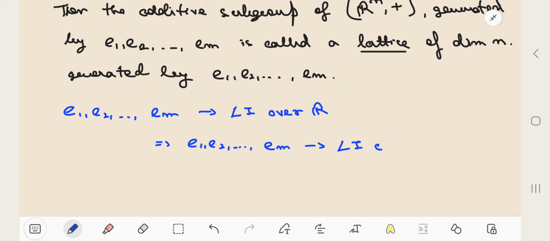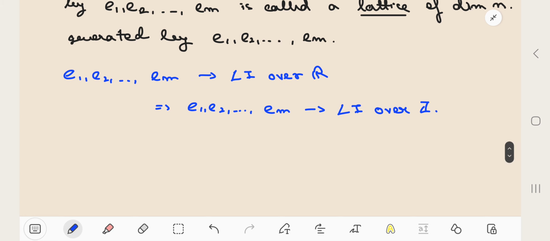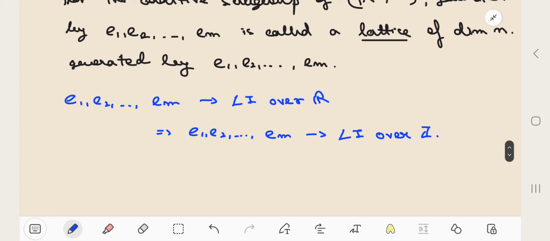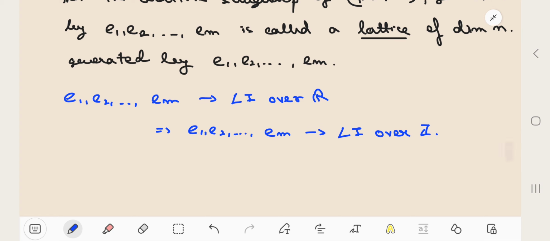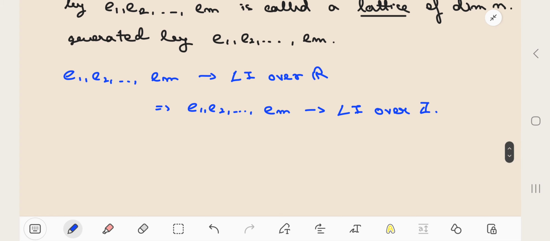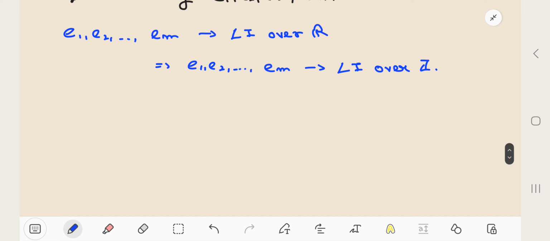And so if they are linearly independent over Z, and we are considering that additive subgroup which is generated by these elements, then elements of that additive subgroup are just Z linear combinations of these elements, and these elements are linearly independent over Z.